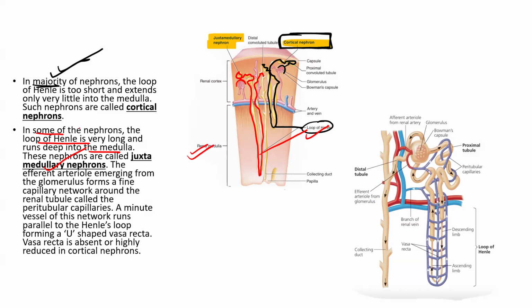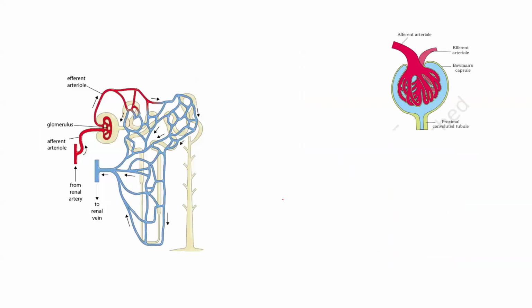Now see blood supply. Try to understand blood supply. Let me explain in the next page. See here. When the renal artery enters inside the kidney, it branches to form the afferent arteriole, because you know an artery will branch to form arterioles and an arteriole will give rise to capillary.